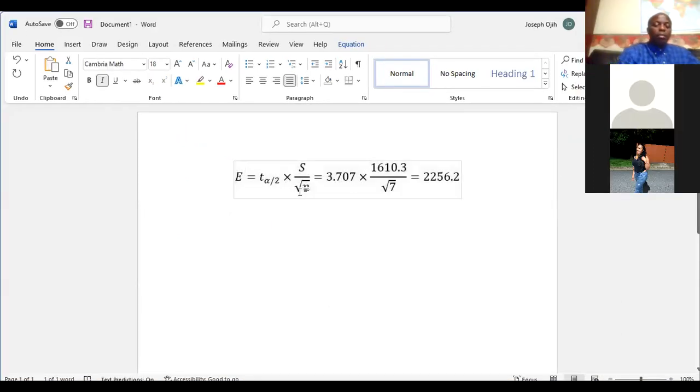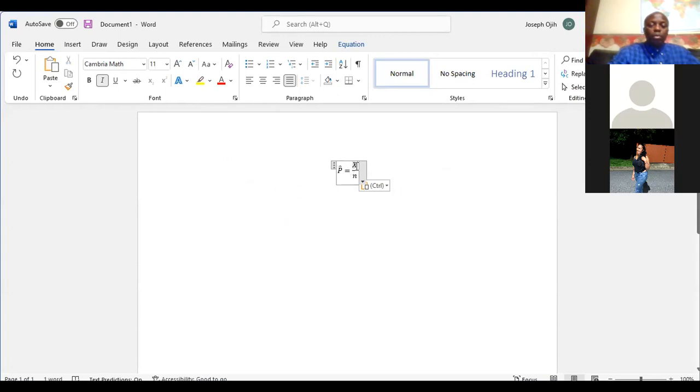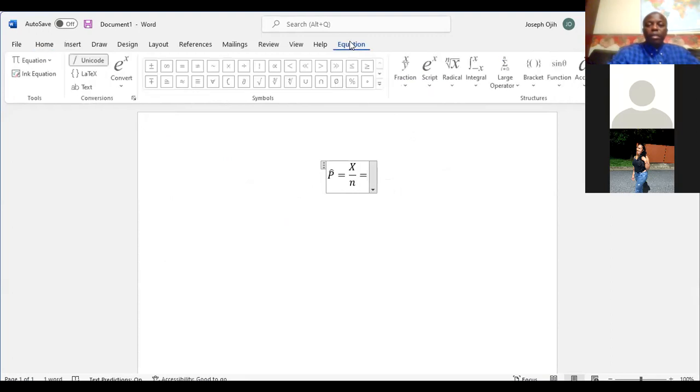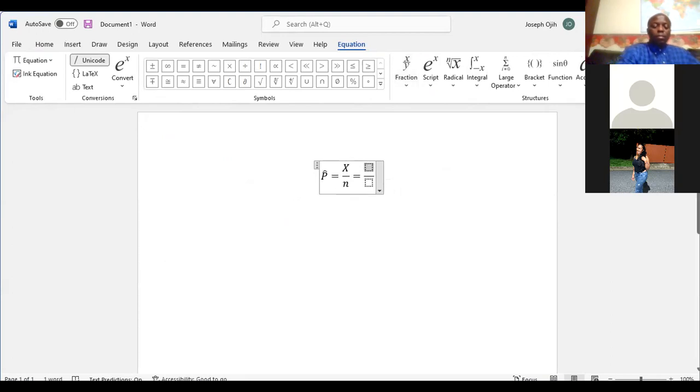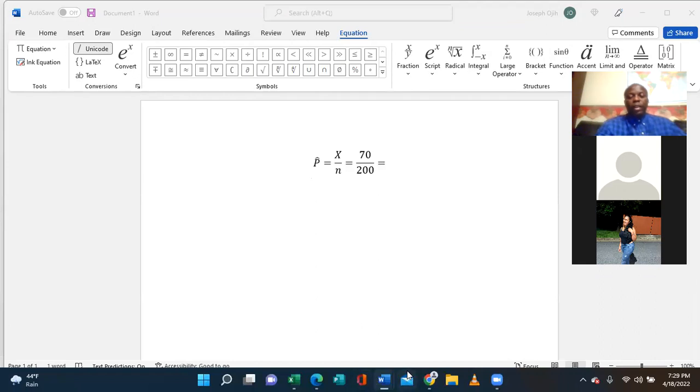Our p hat equals x over n, where x is 70 and n is 200. You can get this in a calculator: 70 over 200.